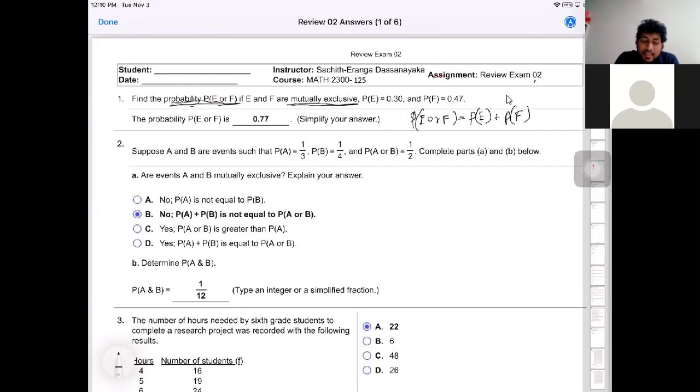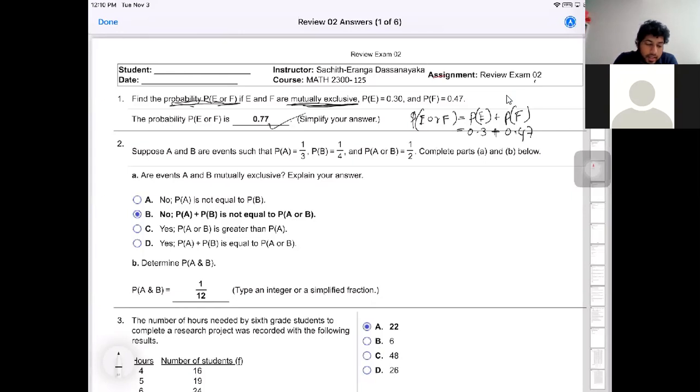Because these events are mutually exclusive. So simply you can calculate these values. Probability of E, they have given 0.3, plus this is 0.47. When you add these two, you find this value is 0.77.